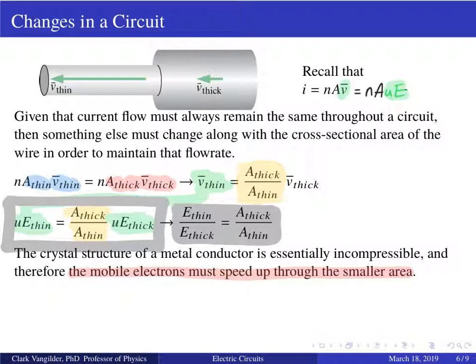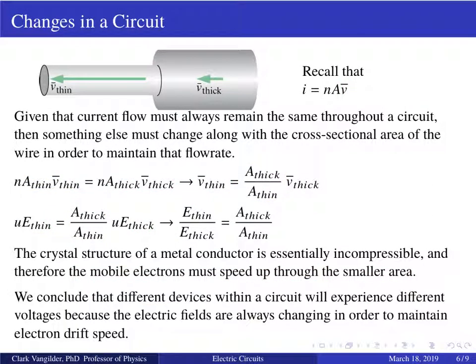And it's literally just any place I draw a line and count how many are going past that line, it's going to be the same everywhere through the circuit, even though the drift speed's slower here than it is there. Okay. Hard to see, not exactly intuitive, unless you have experience with systems that flow. Not everybody gets to play with water and whatnot. All right. So here's the thing. This statement here.